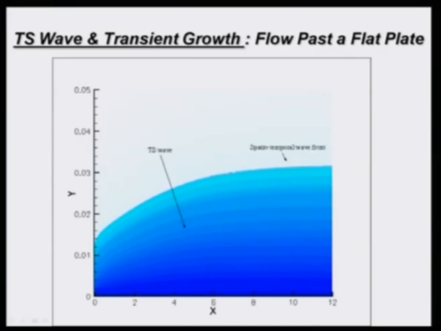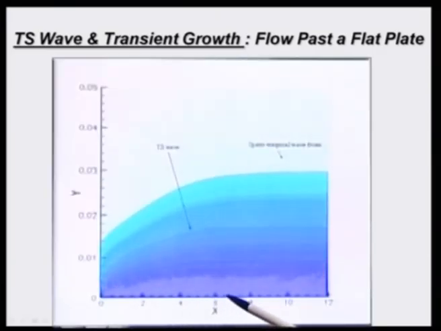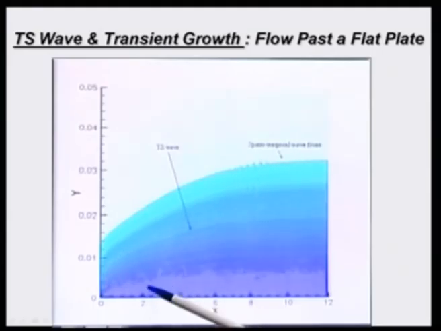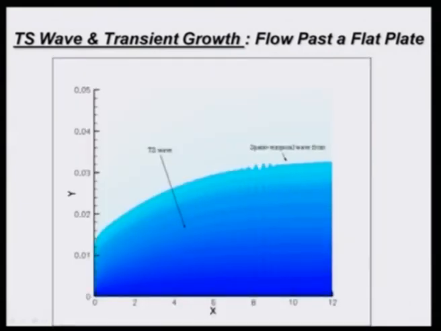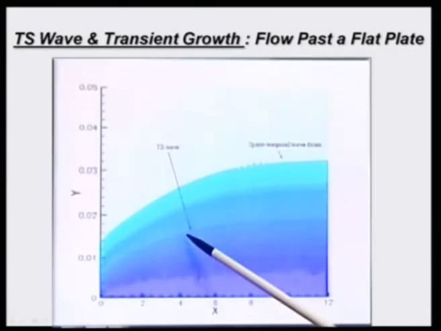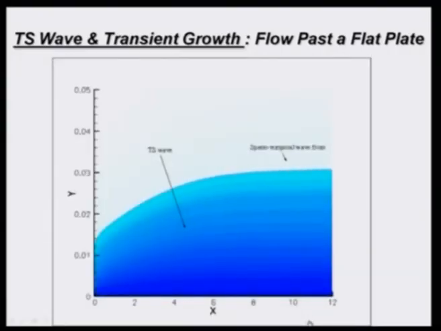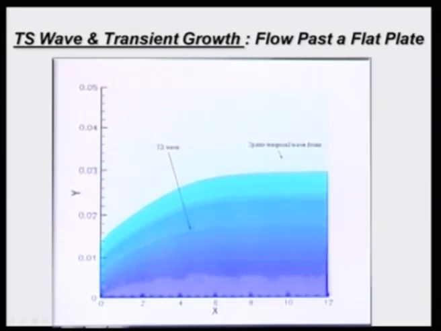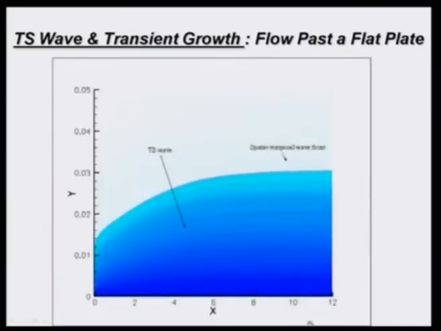Now, what you are seeing here is a flow over a flat plate, okay, and there is some kind of an exciter somewhere here, and that exciter creates those so-called Tollmien-Schlichting waves, right. So, those are somewhere here. Okay. So, the TS waves are here, but what you notice ahead of those TS waves forming a wave packet is something much bigger than that.